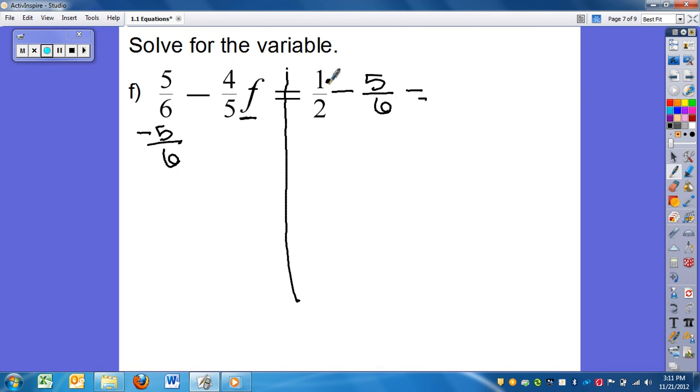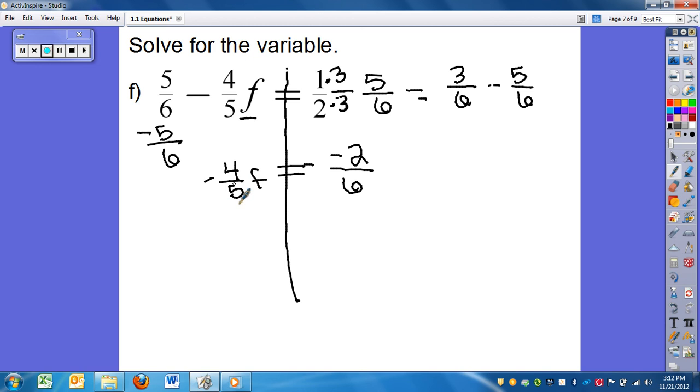I do need to make a common denominator, which again we multiply the numerator and the denominator by the same number. So 2 times 3 is 6, so I get 3/6, which is equivalent to 1/2, minus 5/6. We don't change the denominators, so now I have a total of negative 2/6. And then on the left side, I have negative 4/5 F.